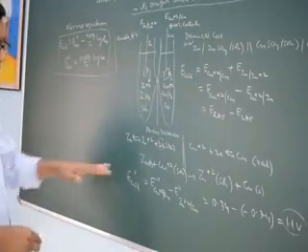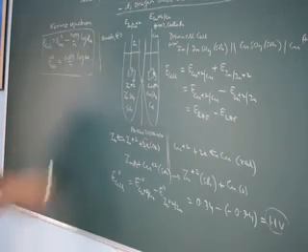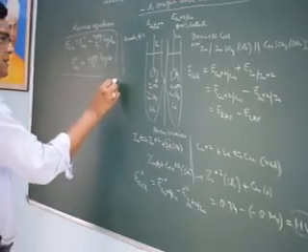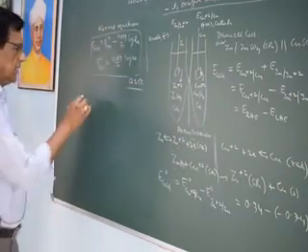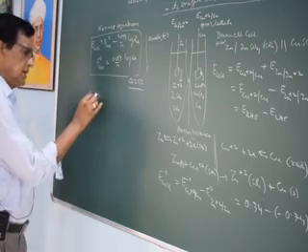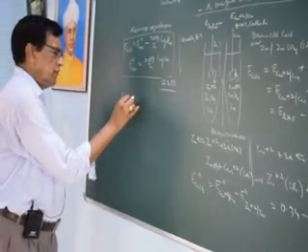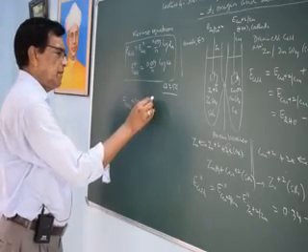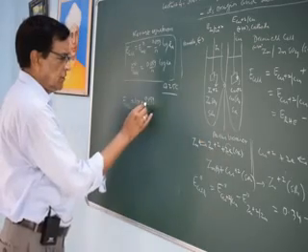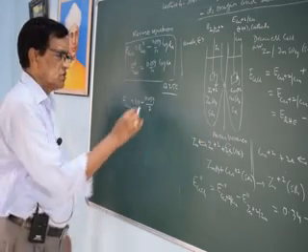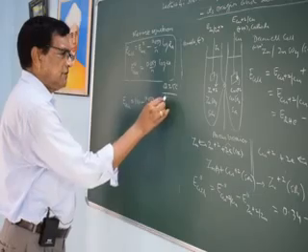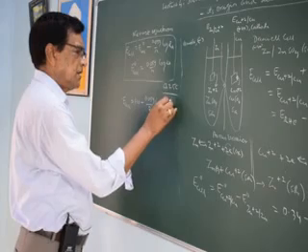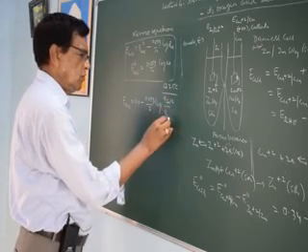Whenever we apply the Nernst equation, say at 25 degrees centigrade, we get this result: E cell equals 1.1 volt minus 0.059 over 2, since 2 electrons are involved, meaning a 2 gram equivalent change occurs, times log of the activity of zinc plus 2 over the activity of copper plus 2.